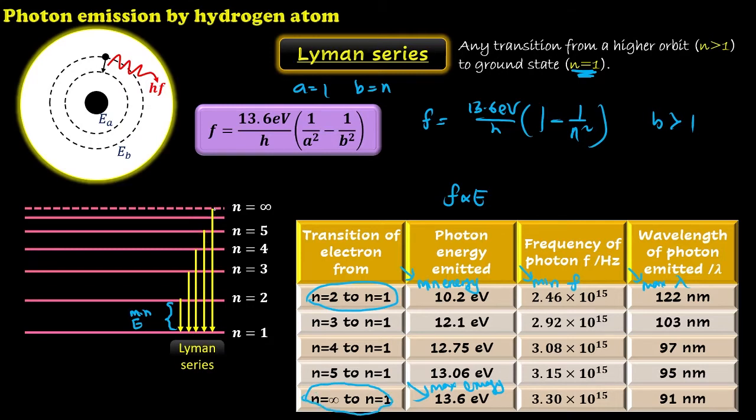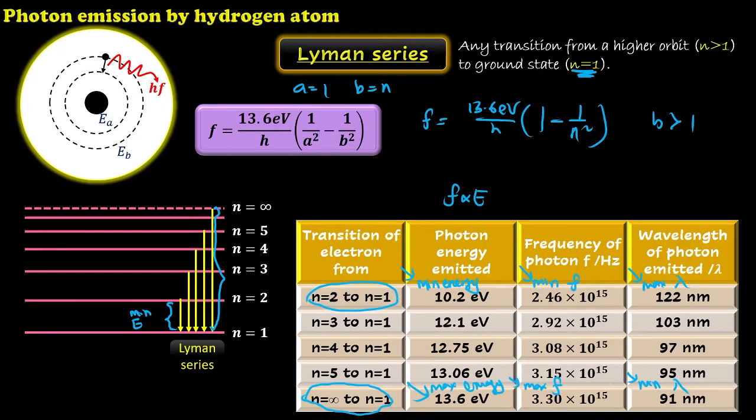So if you look at this, it has the longest transition between the electron levels, so it will emit the maximum energy of photon. And then it has the maximum frequency of photon in the Lyman series. While when we have maximum frequency, then we will have minimum lambda for the Lyman series.